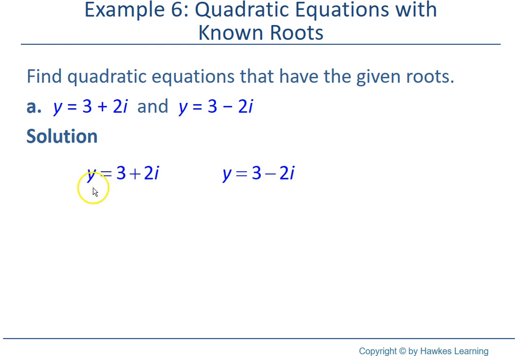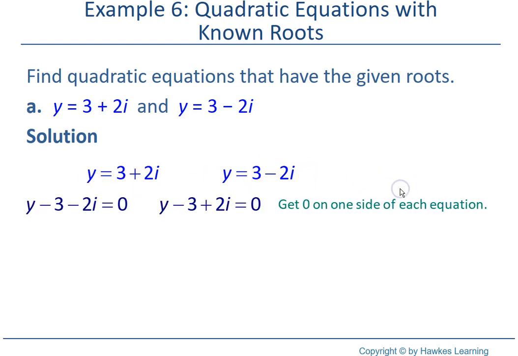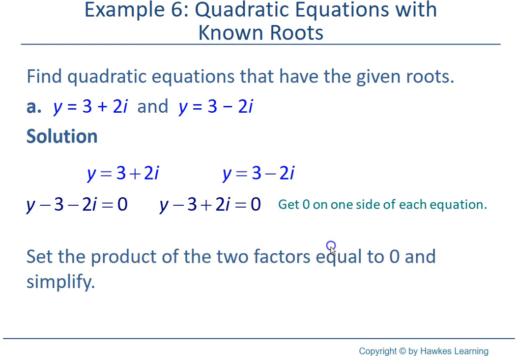Well, it was probably factored somehow. So if we take the 3, transpose it over to a negative 3, and the 2i, transpose it over to this, we get this factor equal to 0, and this factor equal to 0.